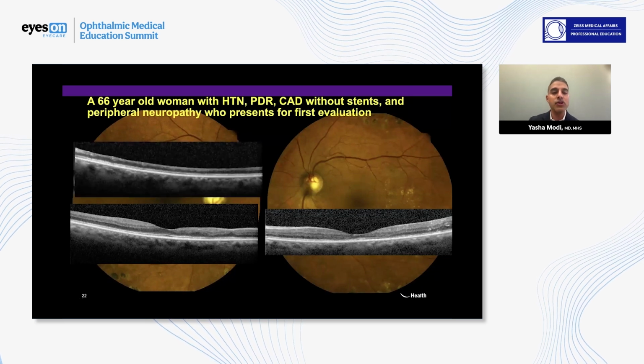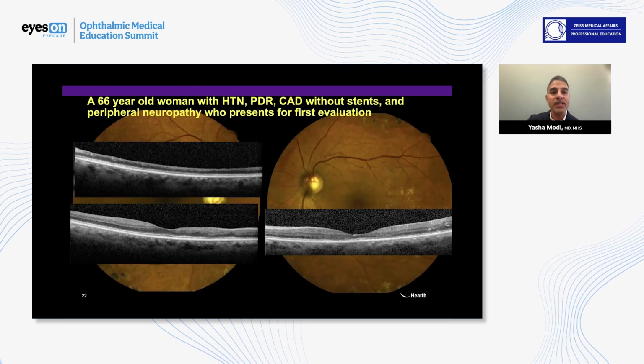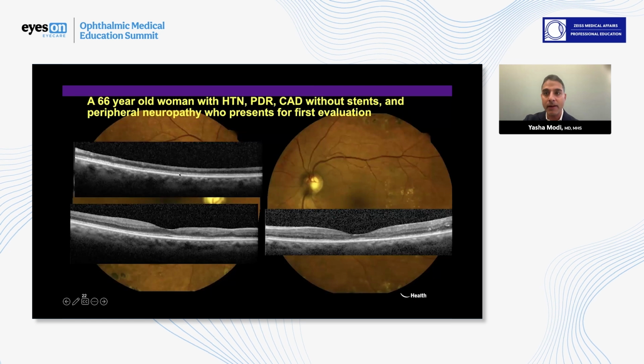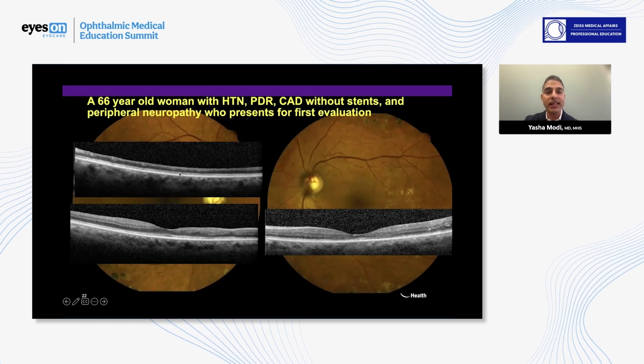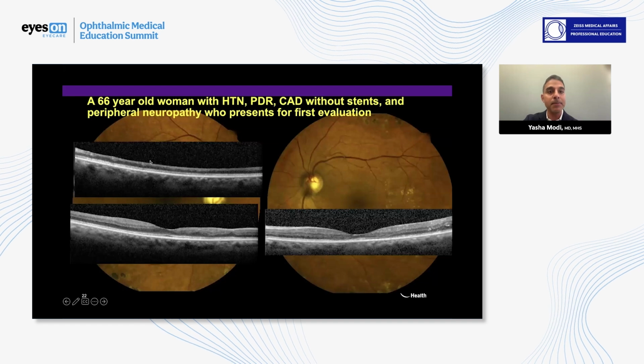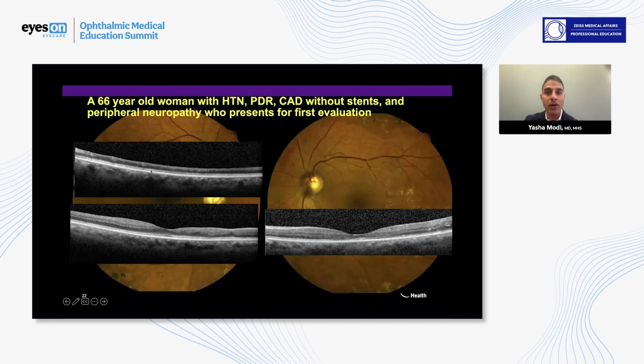But take a look superiorly in the retina in the right eye, and we see uniform thinning of the inferior retina. We talked about how you can get focal areas of thinning in diabetic retinopathy, but this appearance is certainly not consistent with diabetic retinopathy alone.